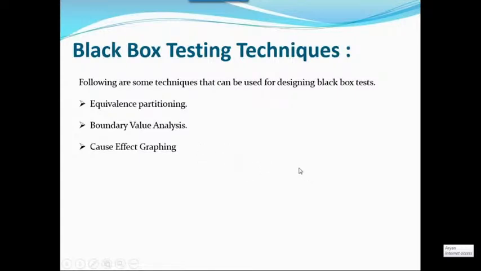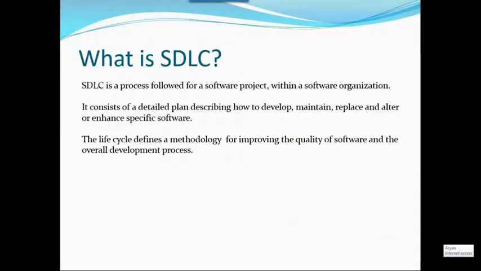We test based on the requirements and the functionality. BVA is nothing but boundary value analysis. We need to take the requirements like minimum value and maximum value. We need to take minimum value -1 and maximum value +1. Understanding, right? That's one of the most important ones.